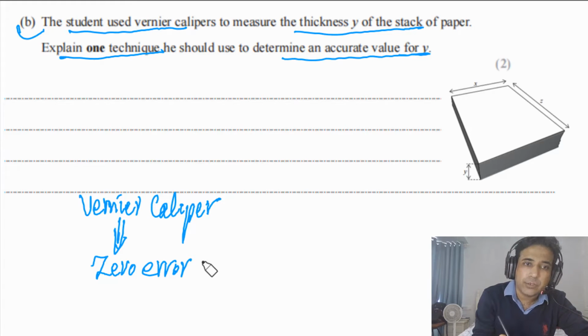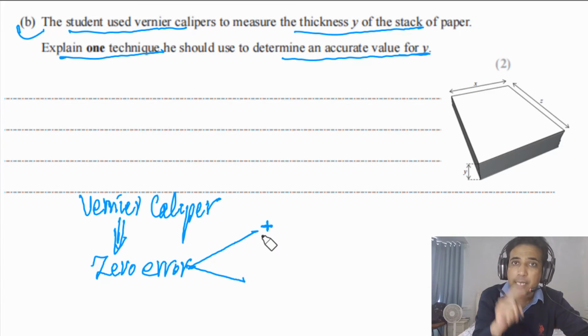For example, if the zero error is positive, the reading measured by the vernier calipers is higher than the actual reading. So the final reading we should subtract: the measured value minus the zero error.